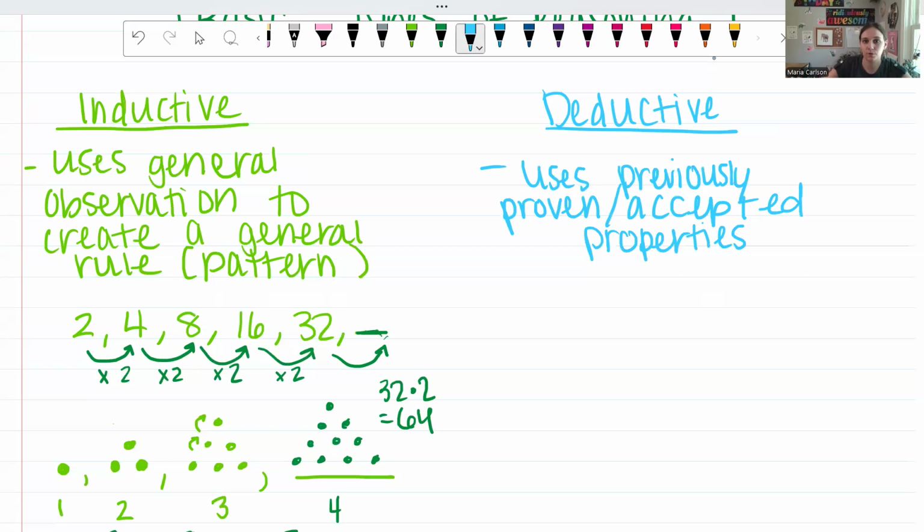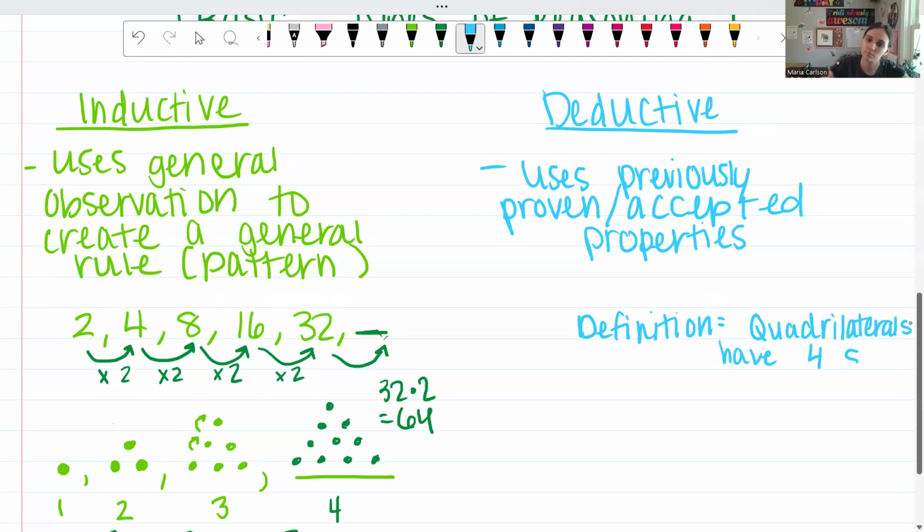So for example, I know the definition of a quadrilateral, right? Quadrilaterals have 4 sides. And they have 4 angles too. Let's include that.